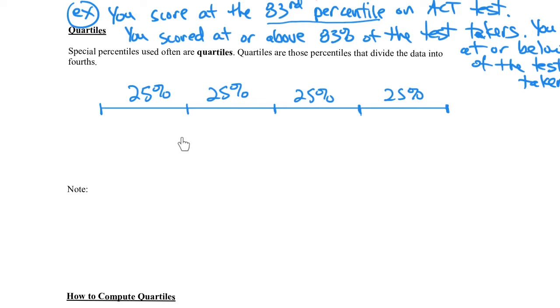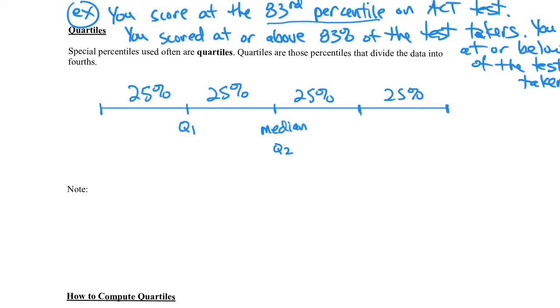And this number right here is going to be called the first quartile, or Q1. And then this one right here, right in the middle, we already know what that is. That's the median, right? And the median is sometimes called the second quartile, so I'm going to put a Q2 here also.